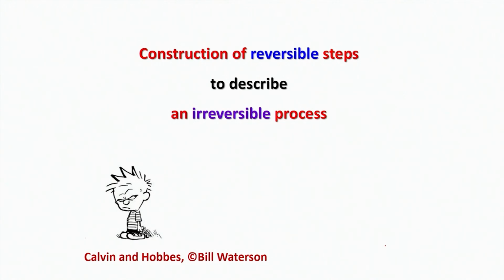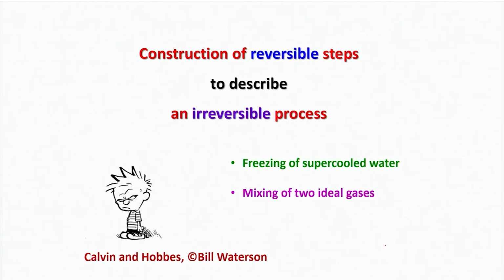Okay. So next, it may not always be possible to construct a single such experiment for a given irreversible process between a given pair of initial and final equilibrium states. One such example is freezing of supercooled water, and another example is the mixing of two ideal gases.